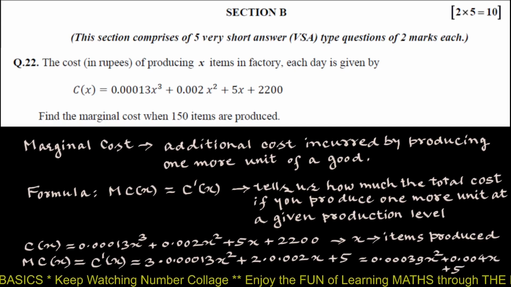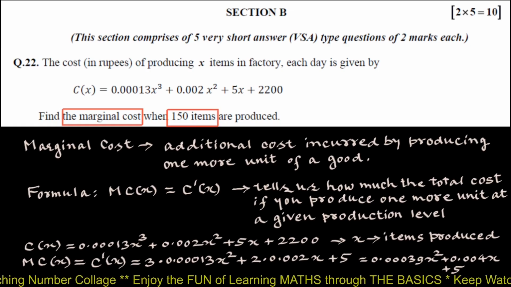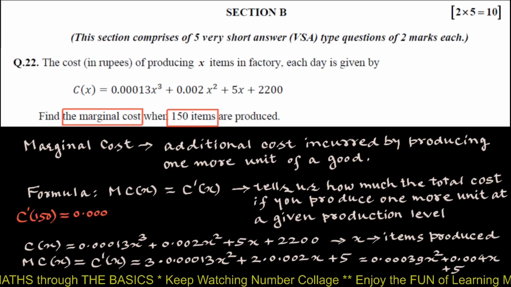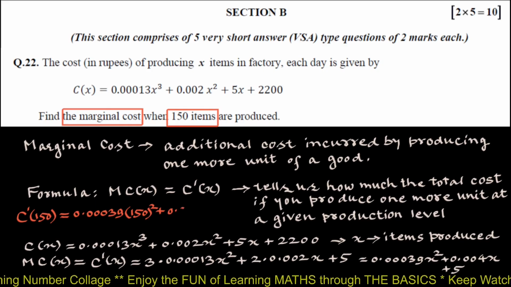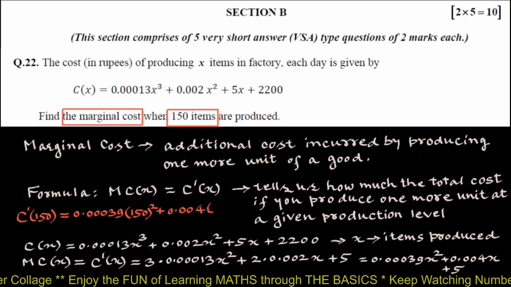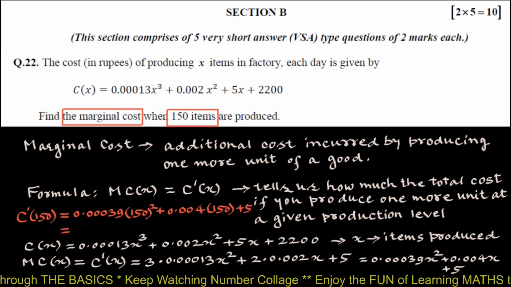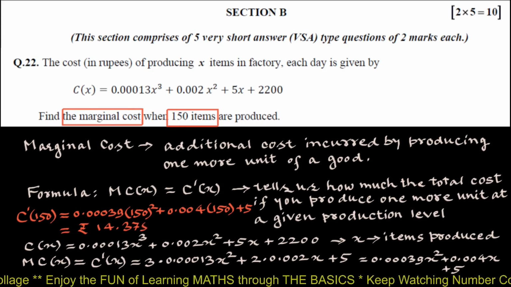The marginal cost for x equals 150 items will be C dash of 150, which is 0.00039 into 150 square plus 0.004 into 150 plus 5, giving marginal cost of rupees 14.375.